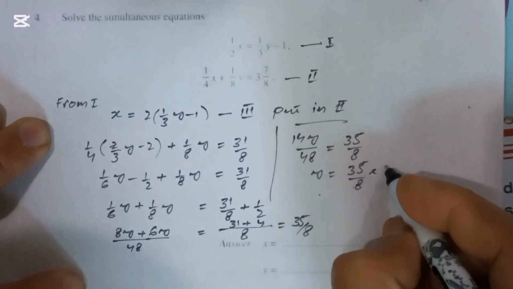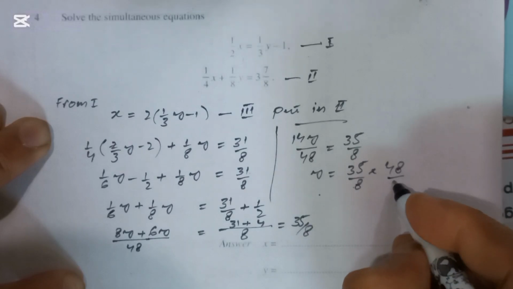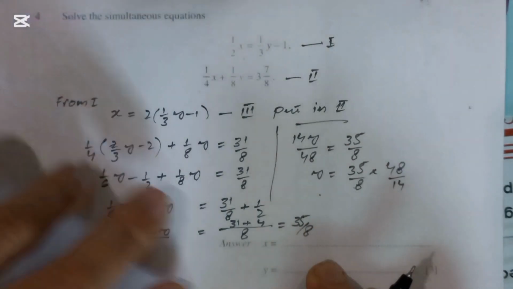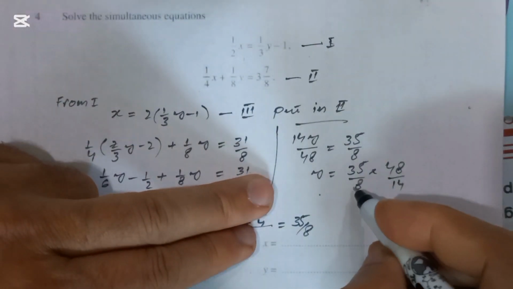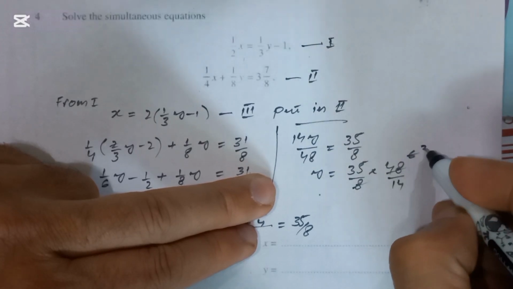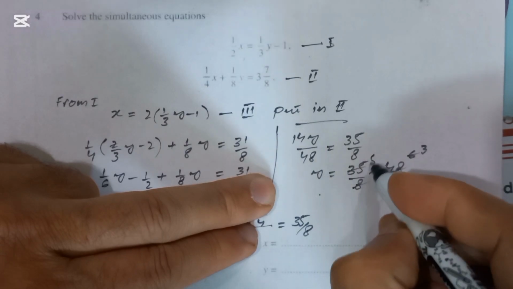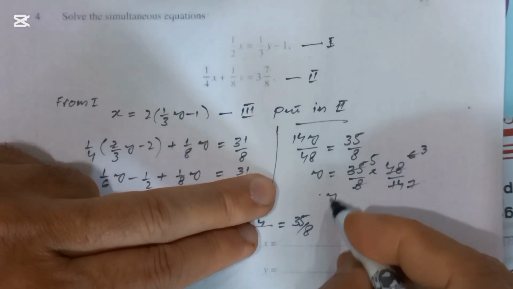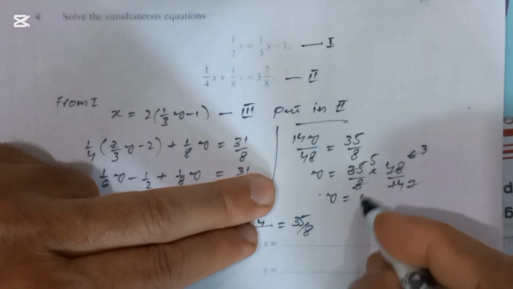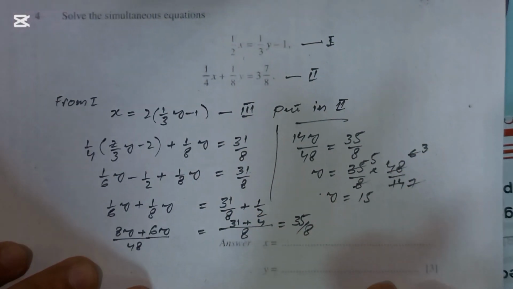This 48 will go to the right side on the numerator, and this 14 will come to the denominator. So solve it now further. 8 6s are 48. 2 3s are, 2 7s are, and 7 5s are. So y is equal to 5 3s are 15. So y's answer is 15.